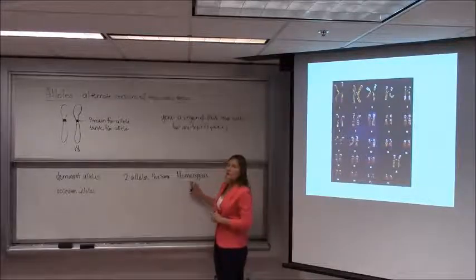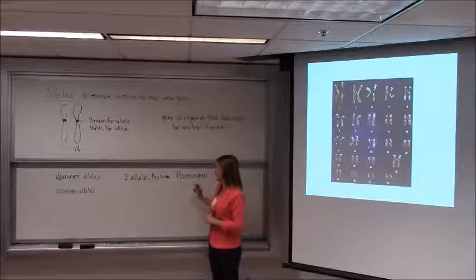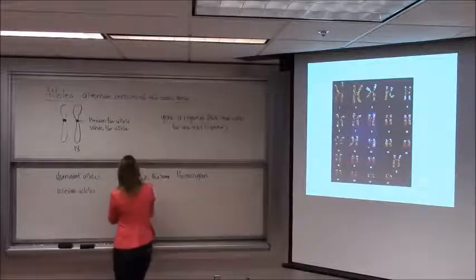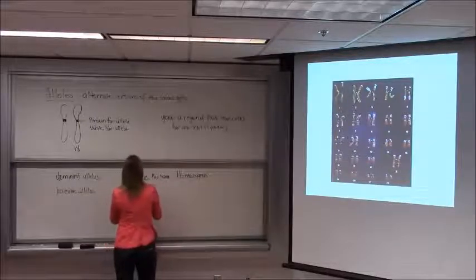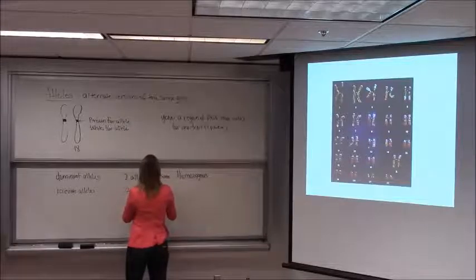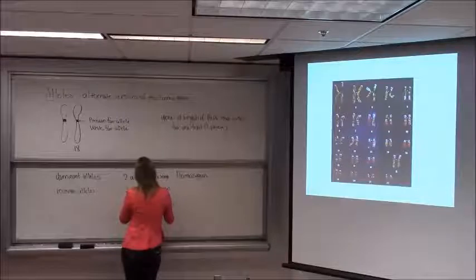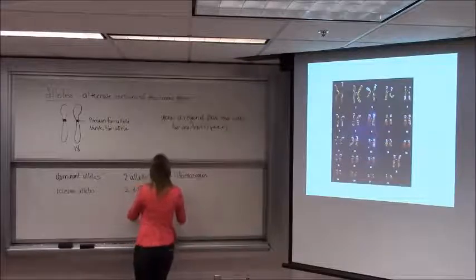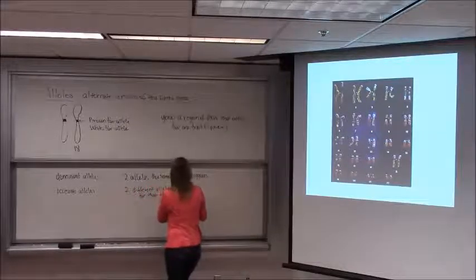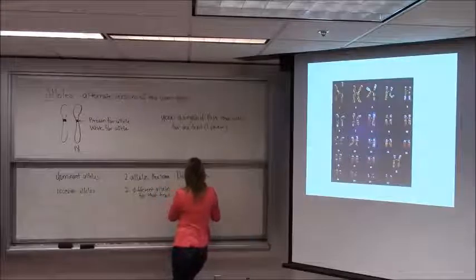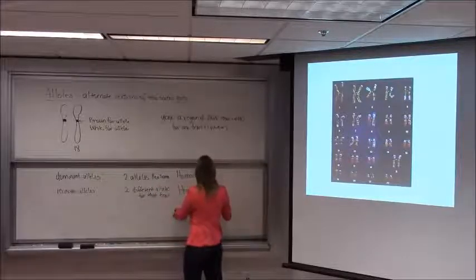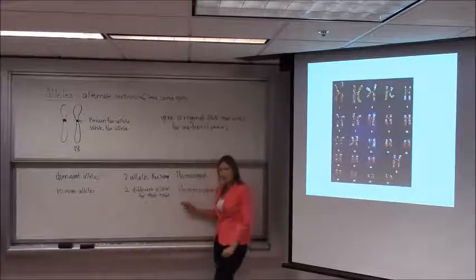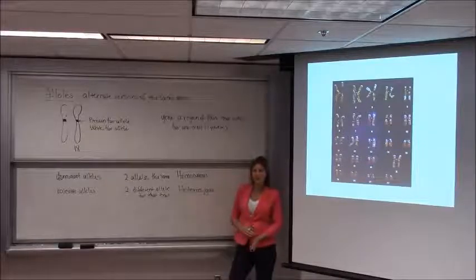So you either got two the same, or you got two different alleles. And if you got two different alleles for that trait, you are what's called heterozygous. Homo means same and hetero means different. Heterozygous means you got two different alleles for that trait.